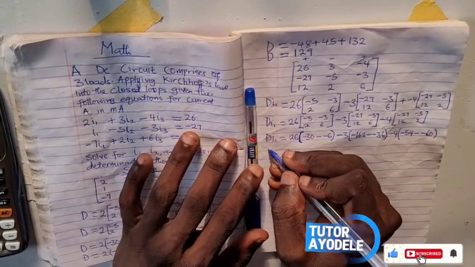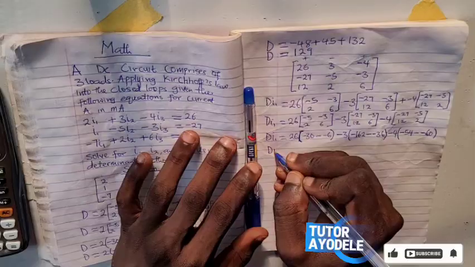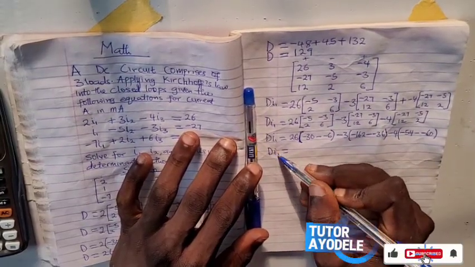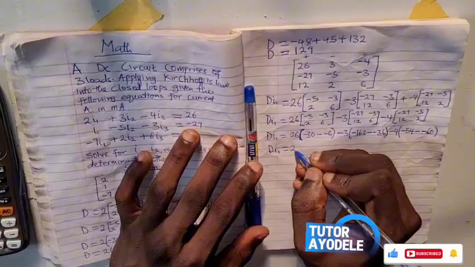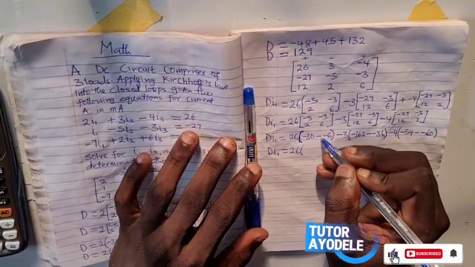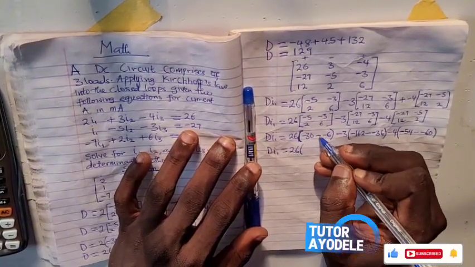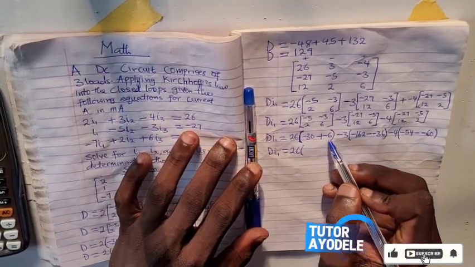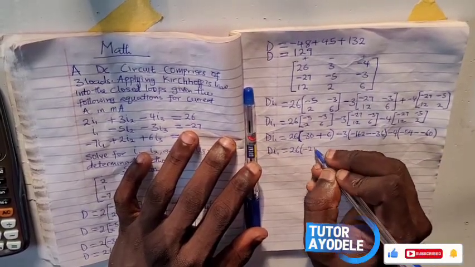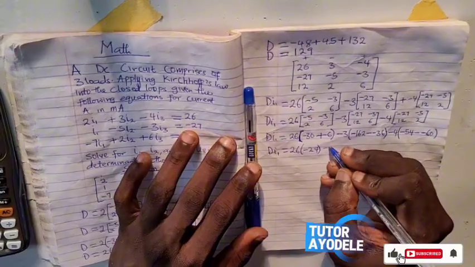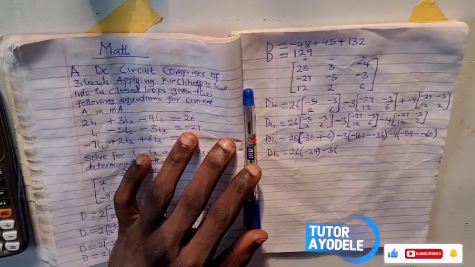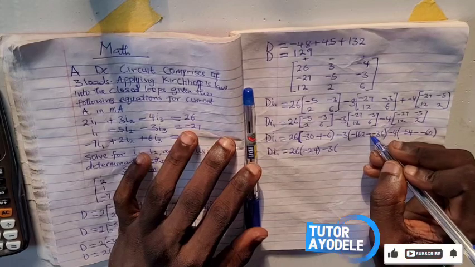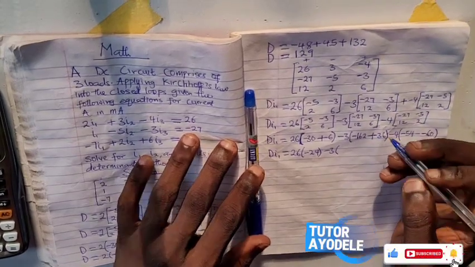So we have di1, that is the determinant of I1, equals 26 into bracket. So minus times minus will change to plus. So minus 30 plus 6, that will be minus 24. Minus 3 into brackets. Minus 162 here. So minus times minus will be plus. Take notes.